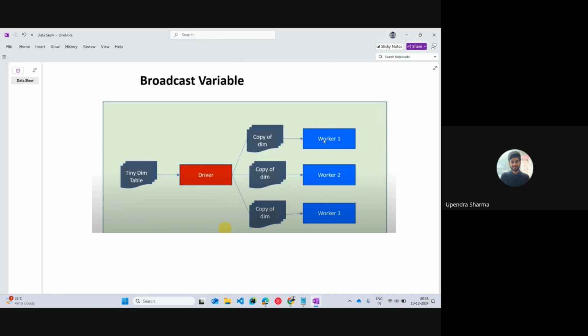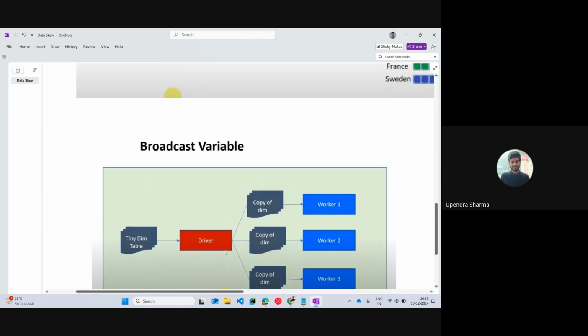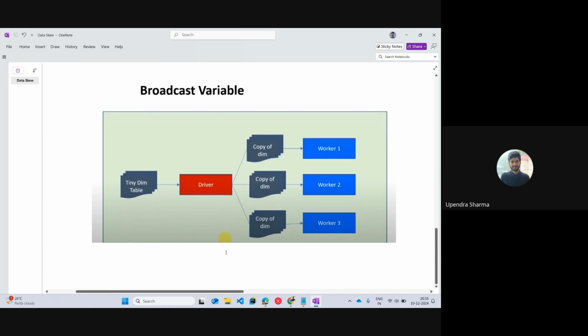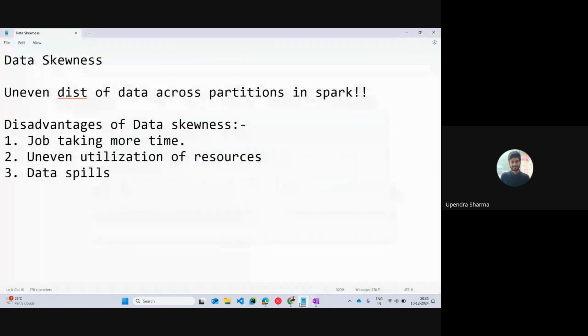Right. The third, I do not have the diagram for the third technique, because this third technique was introduced in the recent version of Spark. So this third technique is called adaptive query execution. So basically AQE in short. What this AQE does is, so this is the last solution.